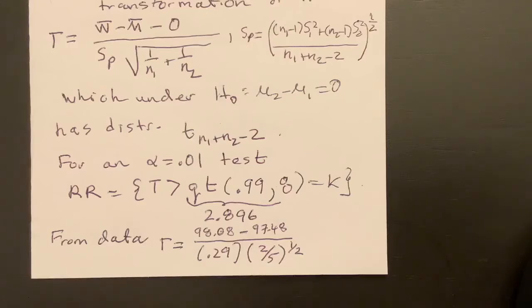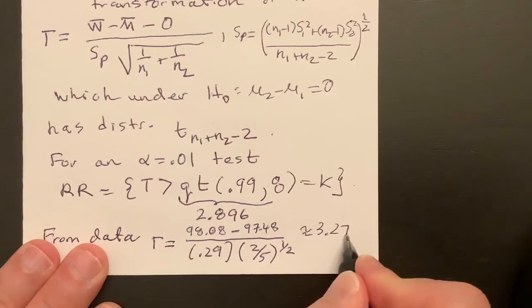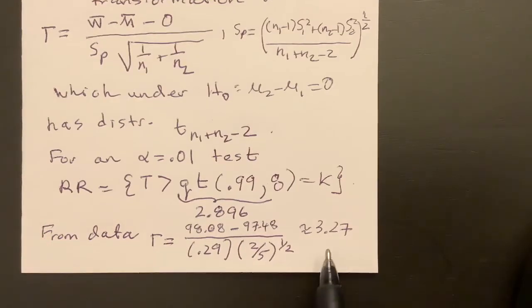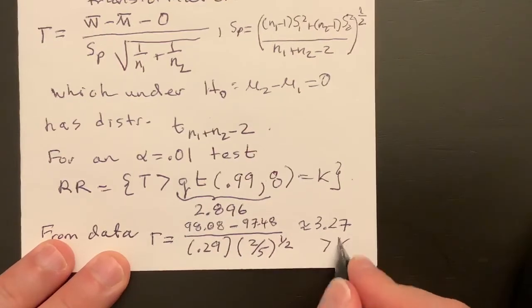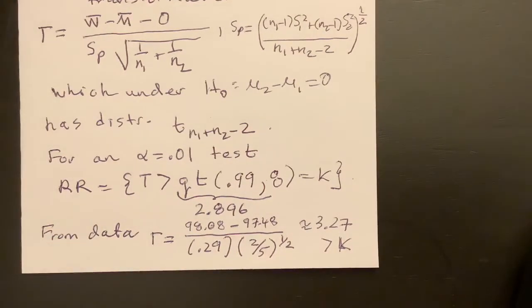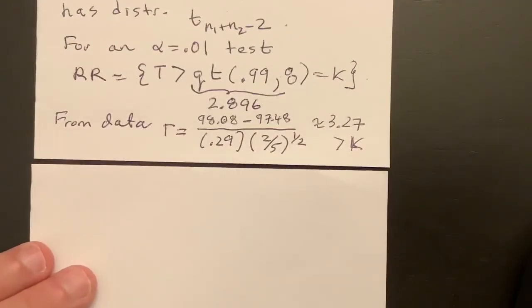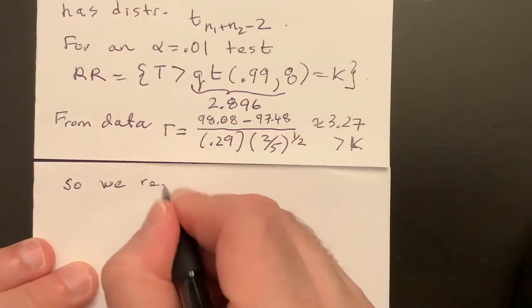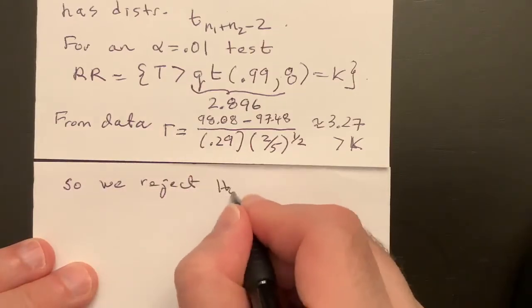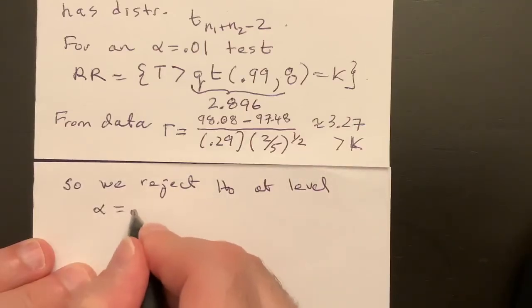If I do this out, I get approximately 3.27. So we reject, right? This is greater than k. So we reject H0 even at level alpha equal 0.01.